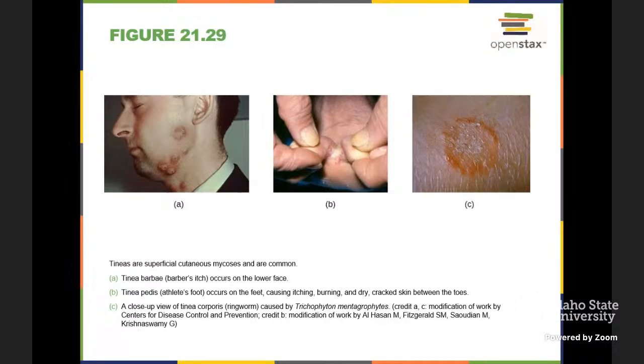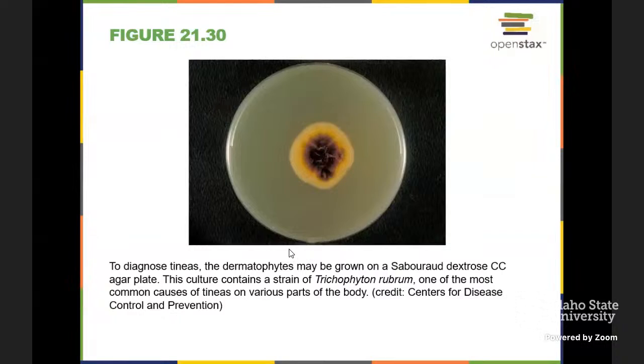There are lots of players here, and we'll see in a second a number of genera and handfuls of species within these genera that can cause various cutaneous fungal infections. And oftentimes we give them names based off of body sites where we may see them. So it kind of just depends.